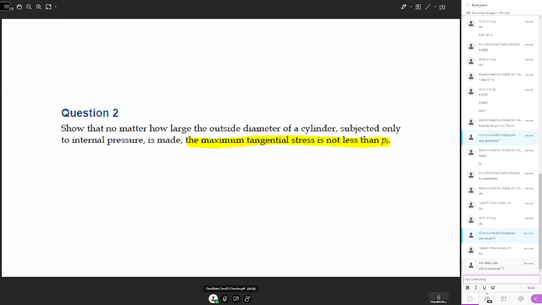All right. The next problem is quite simple, so we will finish this and close the session. This question says, show that no matter how large the outside diameter of a cylinder subjected only to internal pressure, whatever the outer radius may be, the maximum tangential stress cannot be less than the inner pressure.